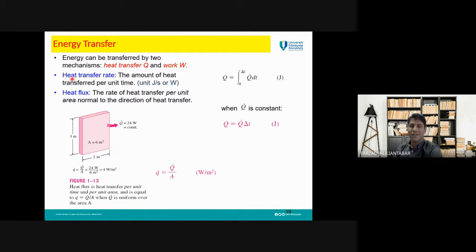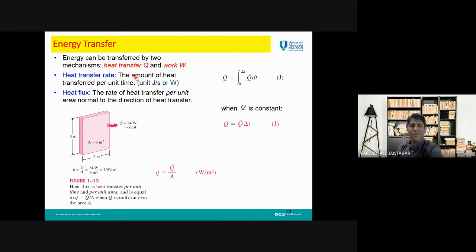The other definition is heat transfer rate. Q is transferred from or to a system. The amount is Q, but the rate of this heat transfer, which means how long it takes for this Q to be transferred, is also important.